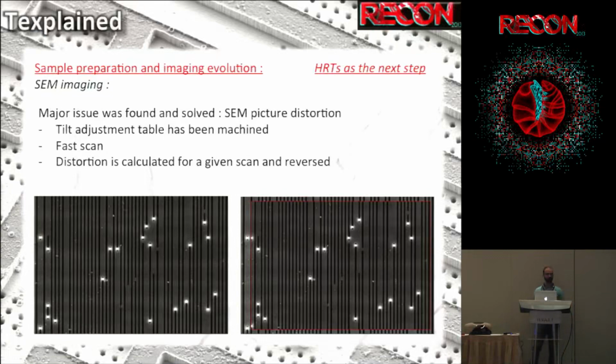So the distortion is a problem when you want to put the pictures together, because they will not match. And if you have 5,000 pictures, 10,000 pictures, or even more, and you want to put them together, they have to match. So you don't have another choice than just reversing the transformation and transforming your picture to be able to stitch them together.